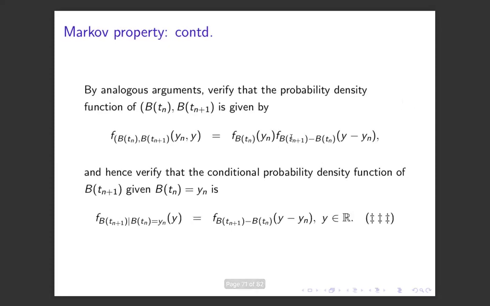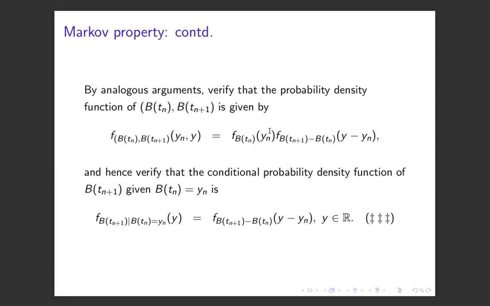So similarly, again verify the conditional probability density function of B_{t_{n+1}} given B_{t_n} equal to y_n. That would be the joint density of B_{t_{n+1}}, which is given by this, divided by just the density of B_{t_n} at y_n.